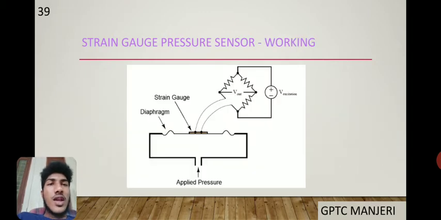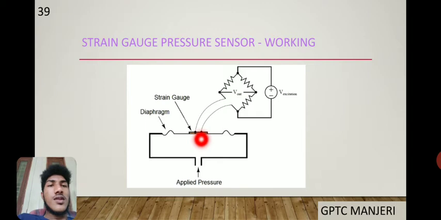This is the working diagram of the strain gauge pressure sensor. The applied pressure acts on the diaphragm, and the strain gauge detects the pressure in the form of strain.